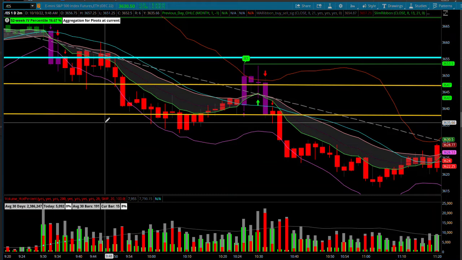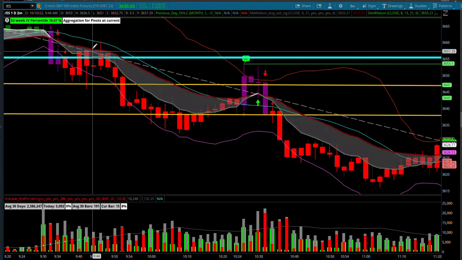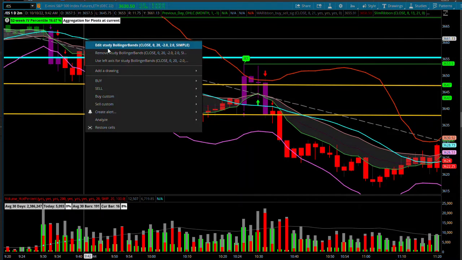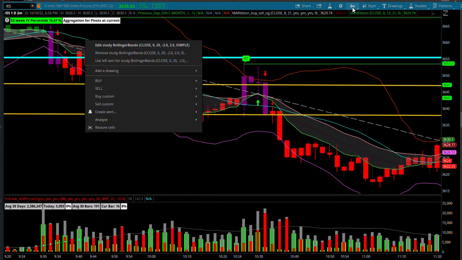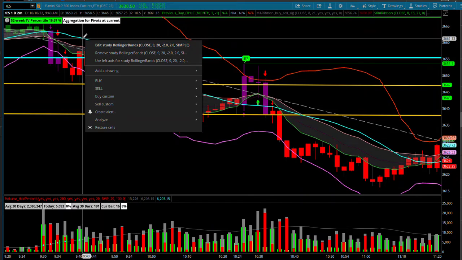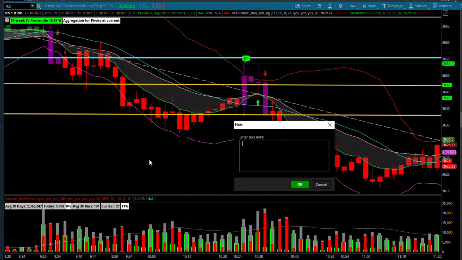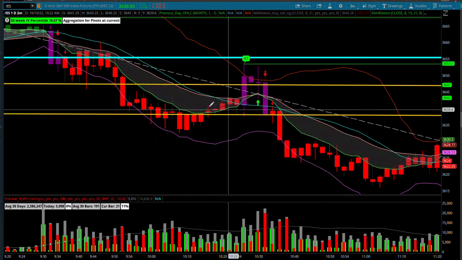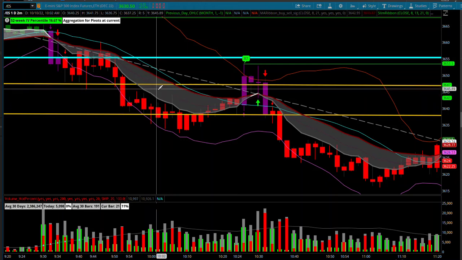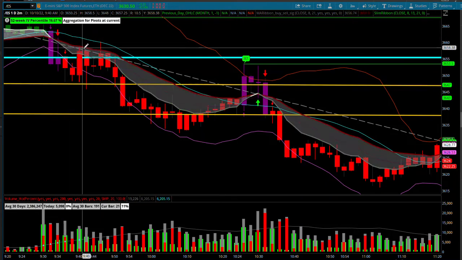One of the main things that I look for here: that is your 20 SMA on a 2 minute. This is one of the areas, the 20 SMA, I think is a viable point if you're trying to time your entry on a trade. I have a cloud right here, and a lot of times we can't even get above the cloud.